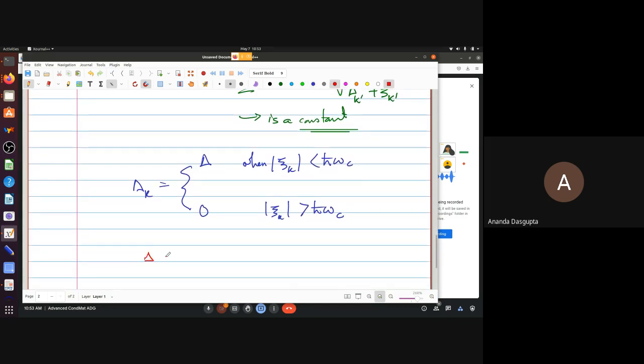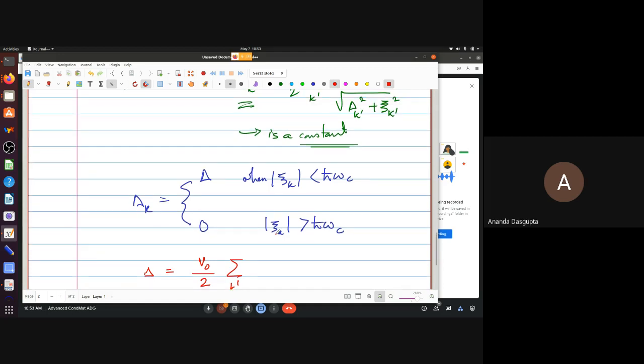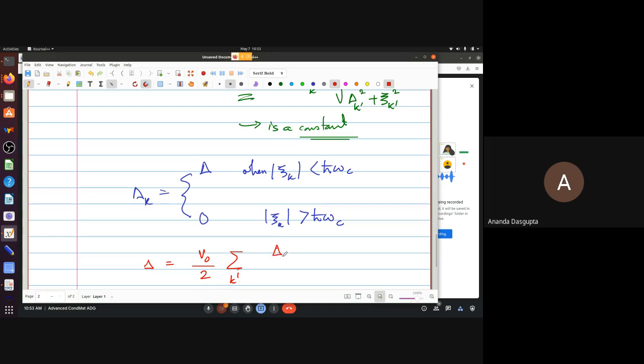Delta, which is now what our delta k is, equals V0 by 2, sum over k prime, delta divided by, I'm just writing in short, but this is really the square root of delta square plus xi k prime square. And this summation is actually a restricted summation.